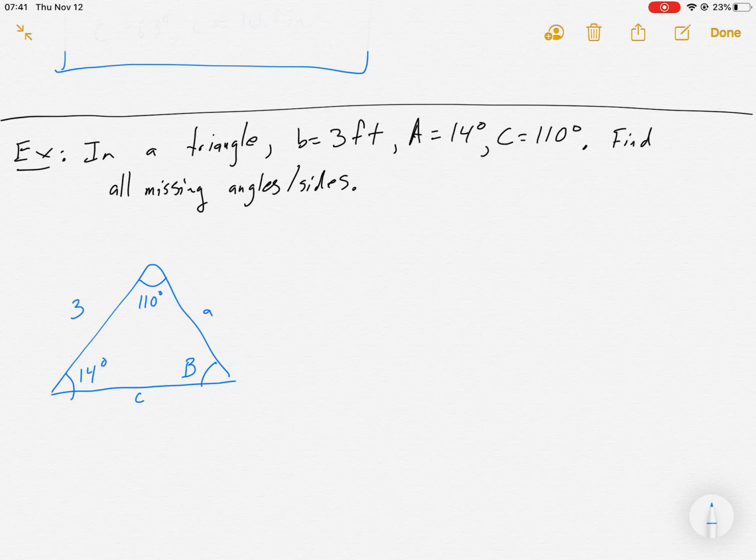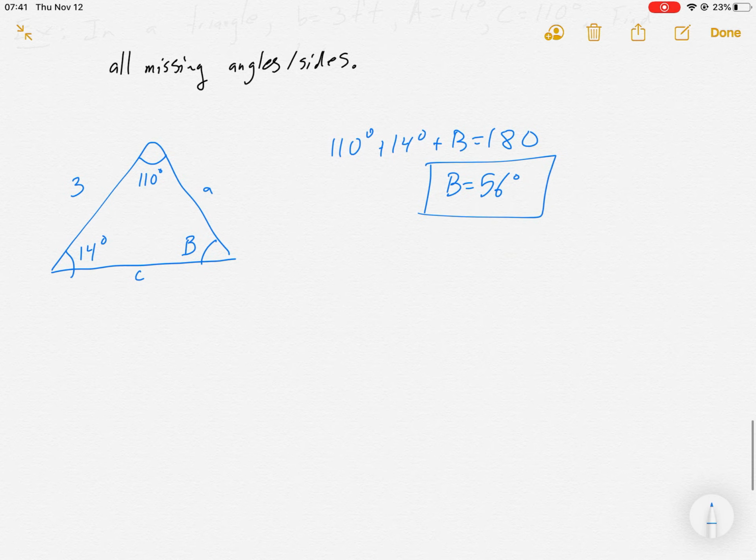So at first glance, this seems like it might be impossible because we actually are not given any angle and side combo. However, we can solve for B right away because 110 plus 14 degrees plus B has to give me 180. So that means that B is going to end up being 56 degrees. And so now I could actually use law of sines to solve it.